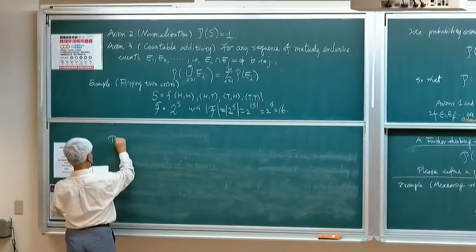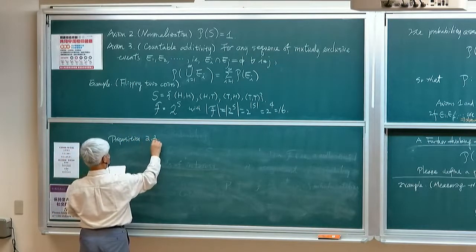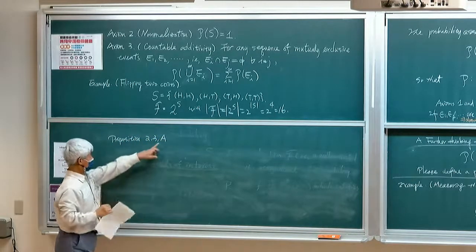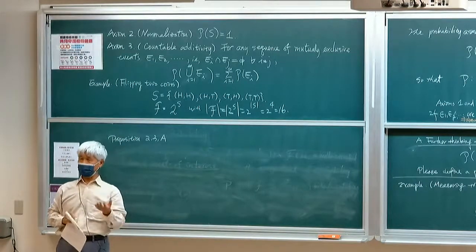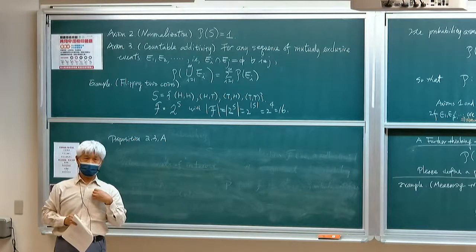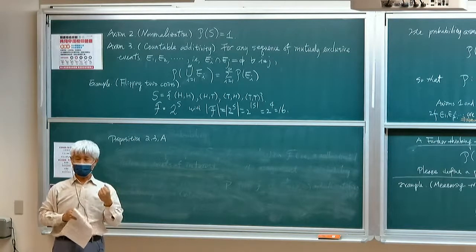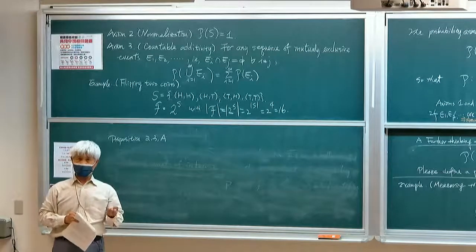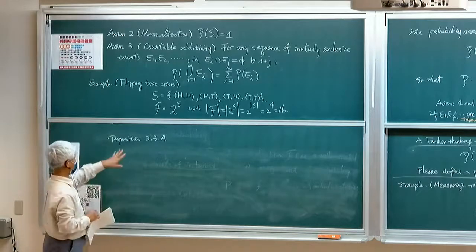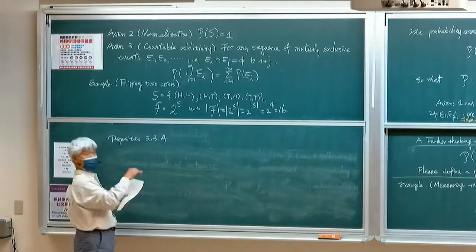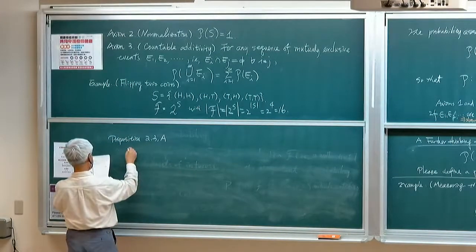The first one is proposition 2.3.8. When you look at A, B, C, D, it means some proposition, corollary or lemma that I give here for extra, so not shown in the textbook, basically.